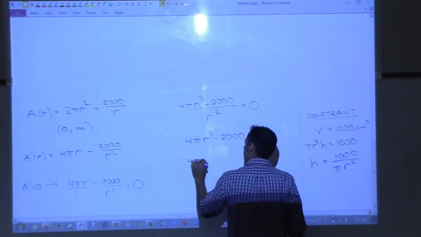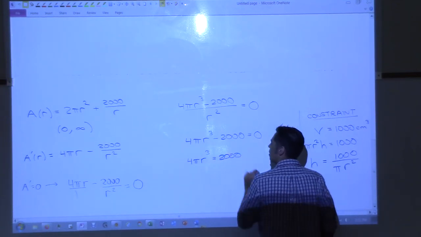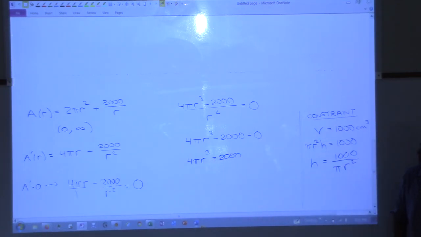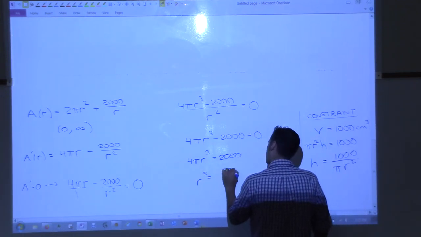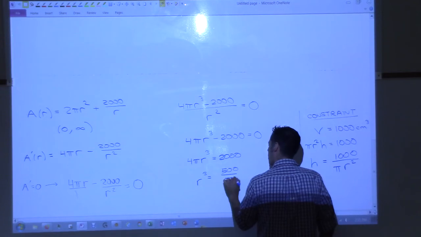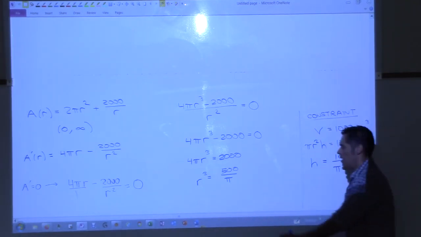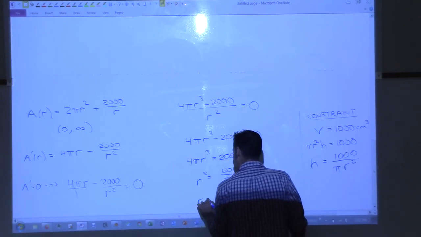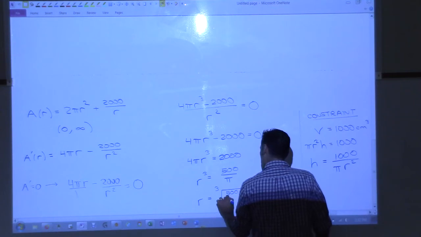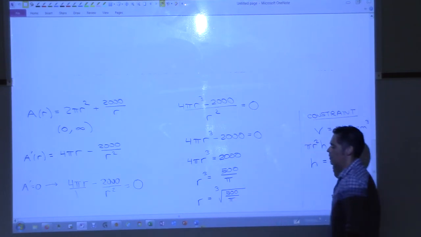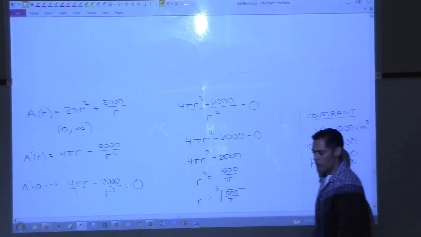4 pi R cubed equals 2,000. Divide both sides by 4 pi. R cubed equals 500 over pi. And lastly, take the cube root. We have a critical number when R is the cube root of 500 over pi.